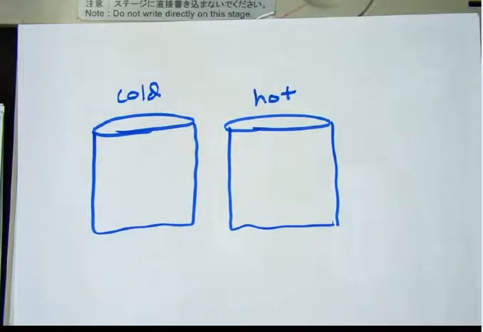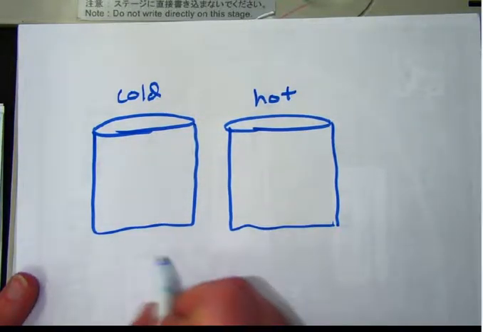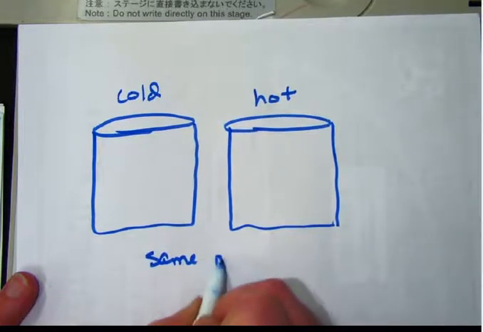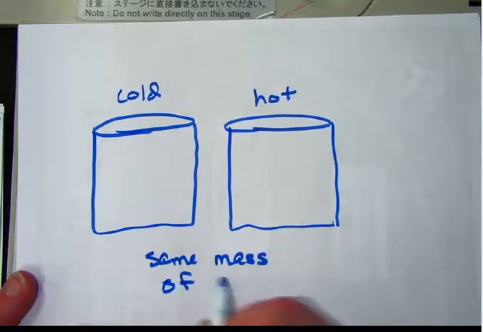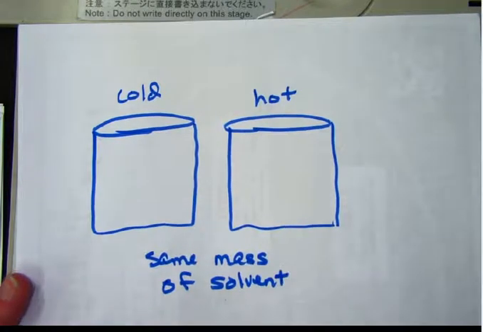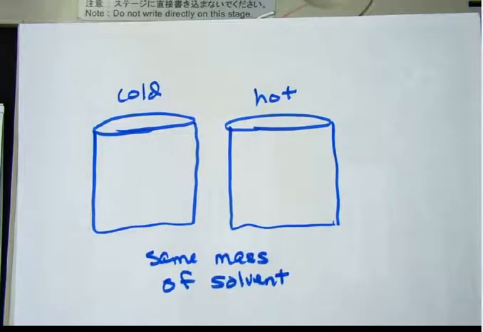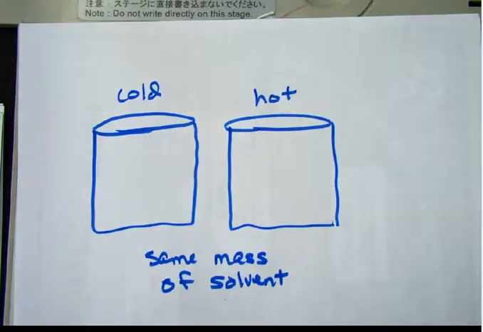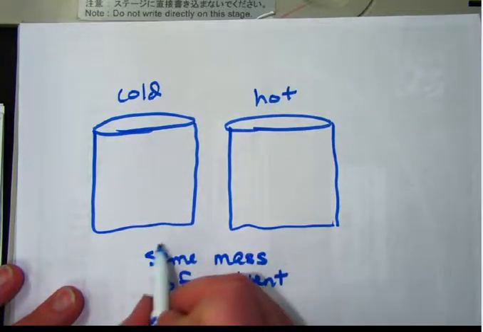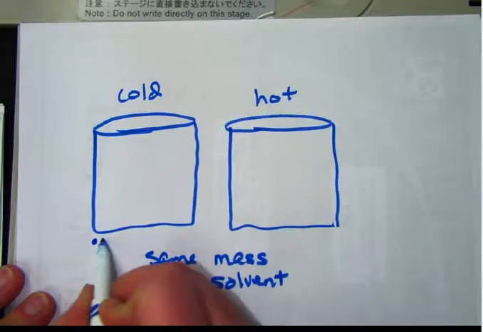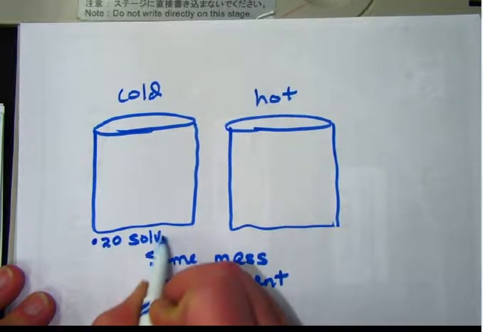Now we're going to have the same mass of solvent. We did not change the mass of the water in this lab as we went from trial to trial. You might have seen a little bit of steam, but that was not anywhere near a significant loss of mass. So to show that we have the same mass, I'm going to put 20 dots of solvent into my beaker here.